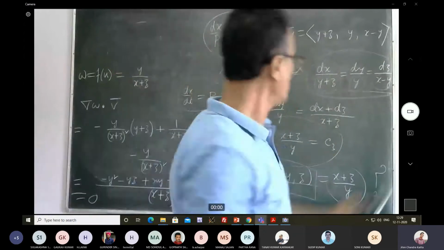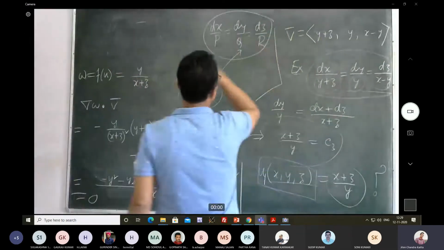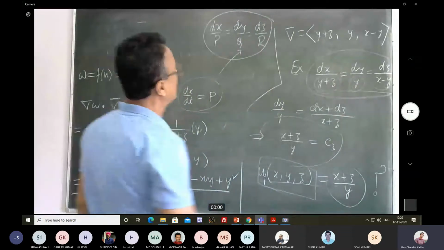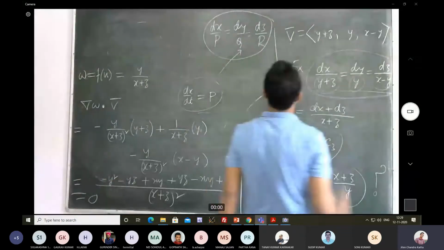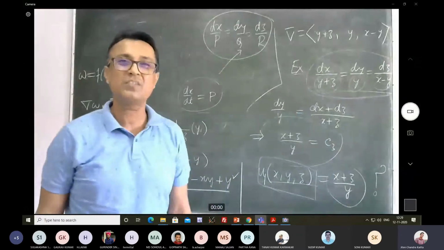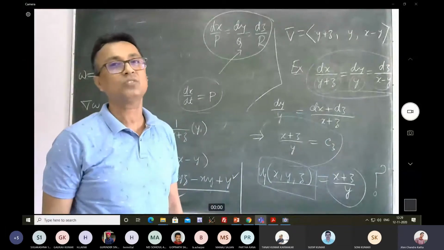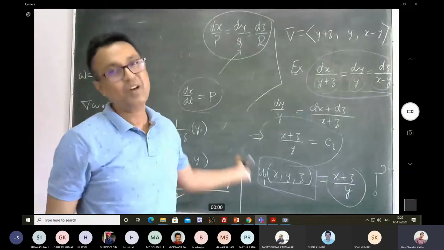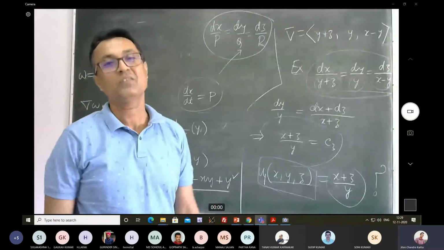Okay. And whenever you are told to find an integral curve of some vector field, what you have to do is simply find two first integrals, right? As you have seen, you can find an infinite number of first integrals.